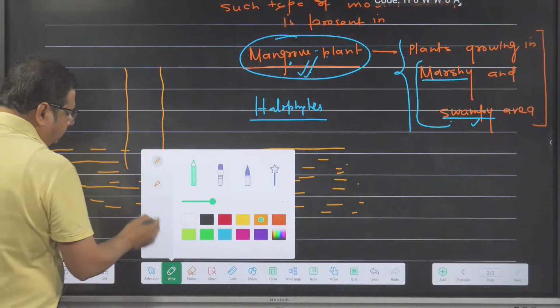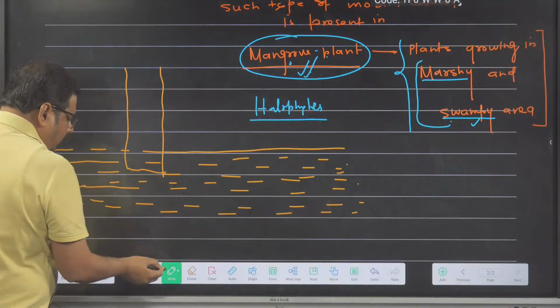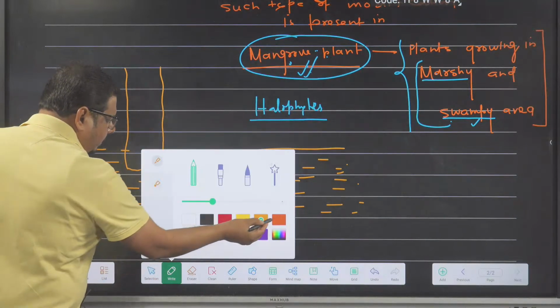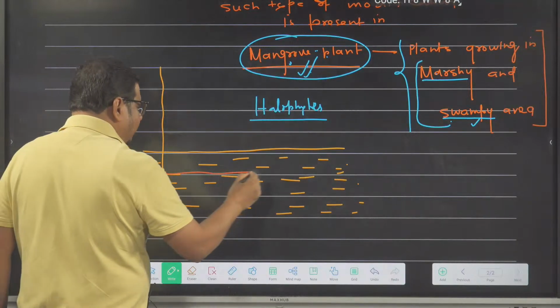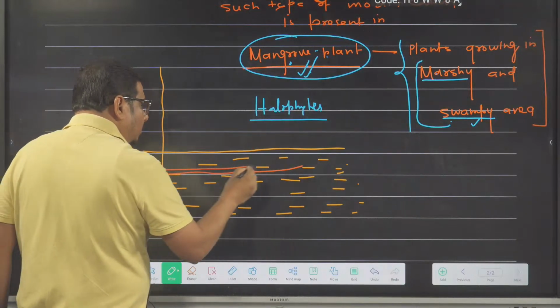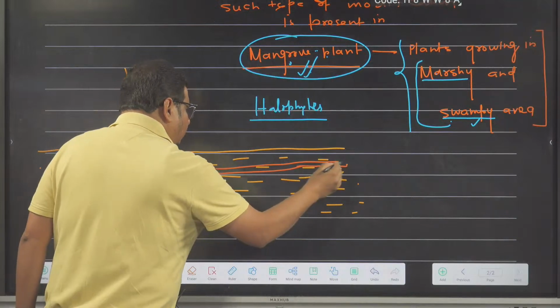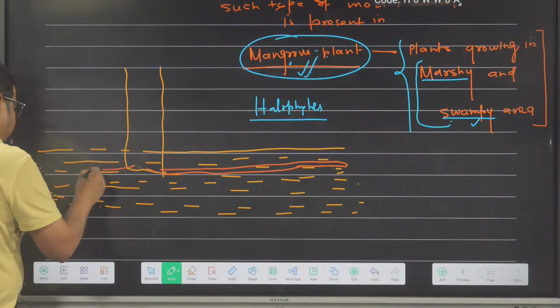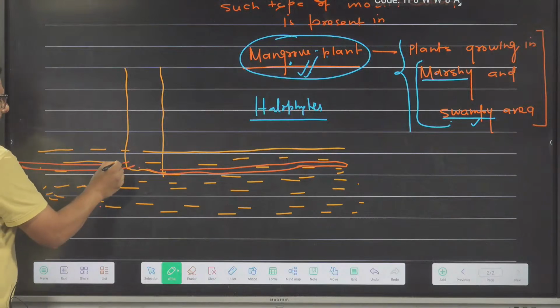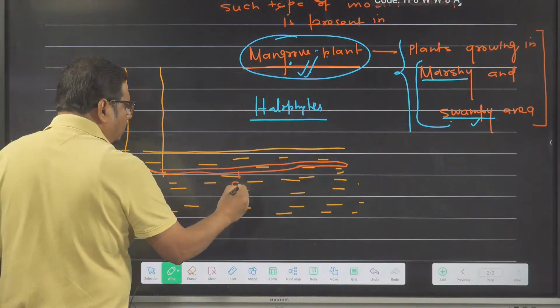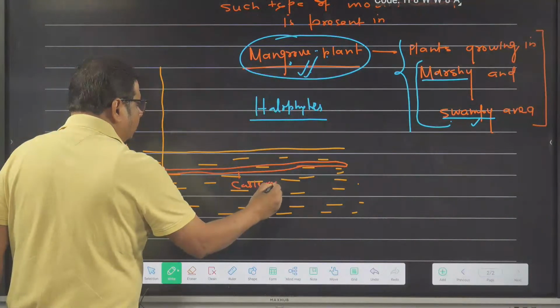Now what happened? From the stem region you find roots arising like this. This root is called a cable root. It is like an electric cable, so it is called a cable root.